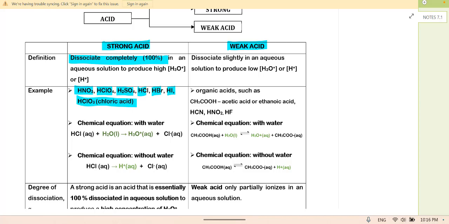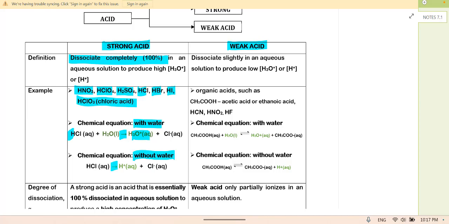So when you want to write the dissociation equation for strong acid, you need to use an irreversible arrow. You can write the equation with or without water. If you use water, the product will be H3O+. So HCl will donate H+ to water, so it produces H3O+.